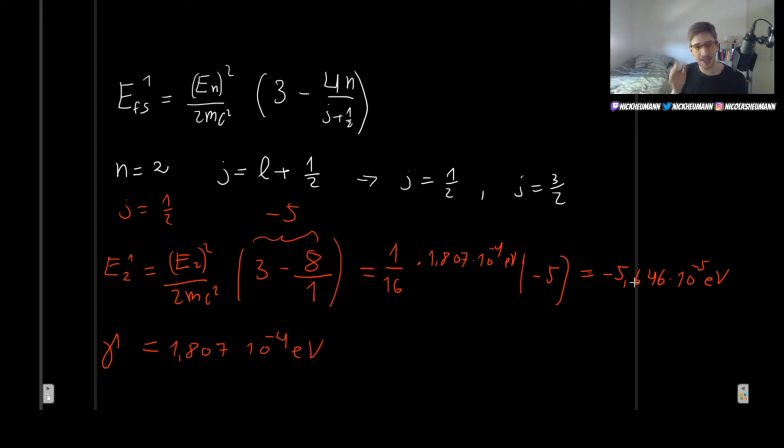So let's now go to the case where j is 3/2. So what do we have here? If j is equal to 3/2, then our fine structure correction to the second energy level is going to be our constant that we just found, 1.807 times 10 to the minus 4 eV divided by n to the 4th power, which is of course 16 in this case.